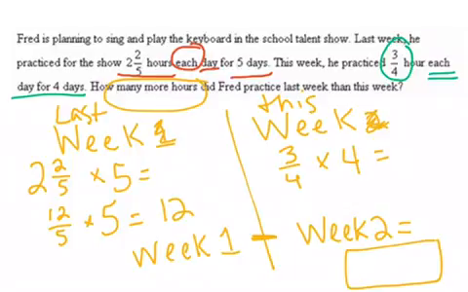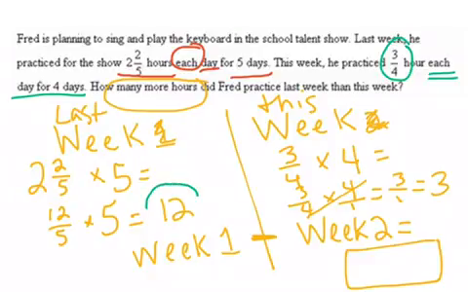Again, on the next week, 3/4 of an hour for 4 days. When I multiply 3/4 times 4 over 1, when I don't use a calculator, I end up with 3. You should end up with 3 on a calculator. So it looks as if on week 1, Fred practiced 12 hours, and week 2, he practiced 3.